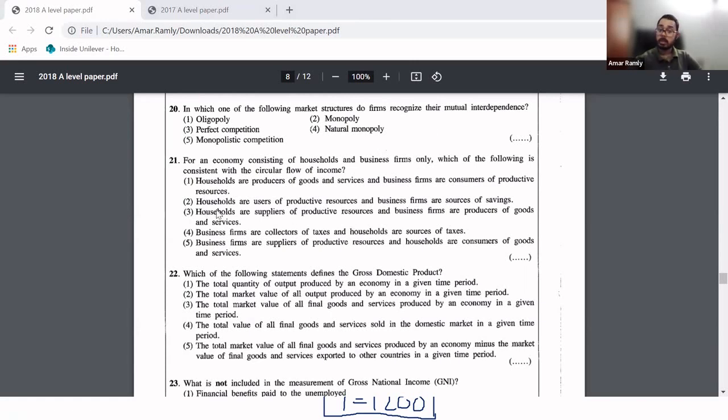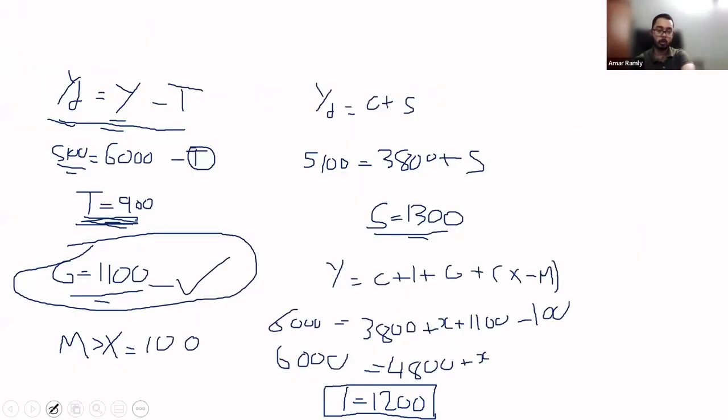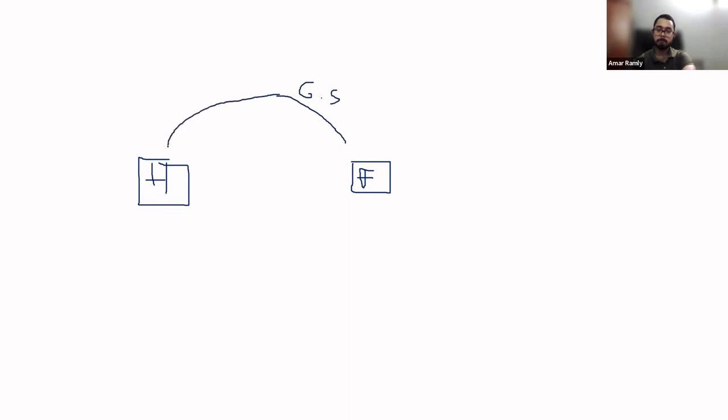Okay, so guys, 21, pretty straightforward. In terms of what the circular flow looks like, very simple. You have your households here. You have your firms here. Firms produce goods and services. Households buy these goods and services.